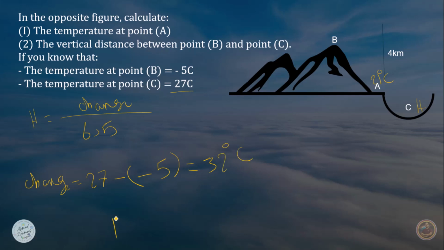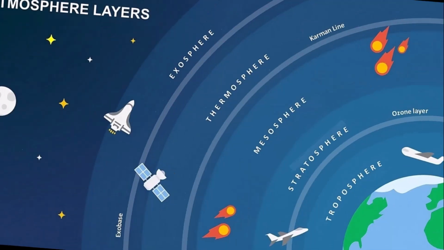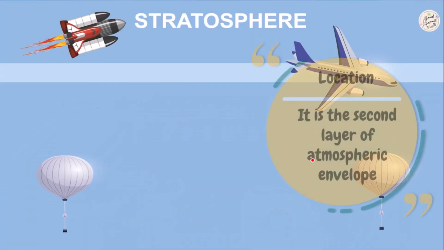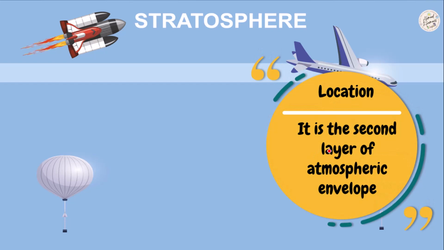So the height equals 32 divided by 6.5, which equals 4.92 kilometers. The second layer is the stratosphere, the second layer of the atmospheric envelope.